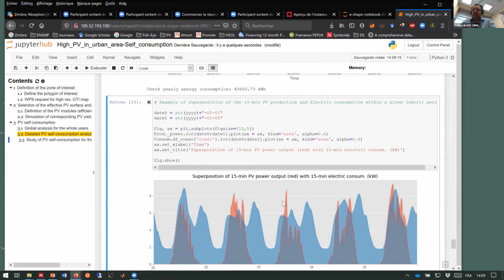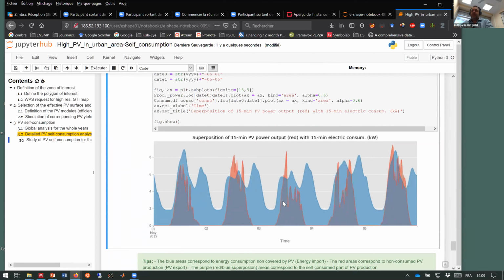Okay, this is an example here. So in blue, you have the energy consumption on a 15-minute basis, and you can see 5 days of electric consumption. It's expressed in kilowatts. And here you have superimposed the PV production, 5 days of PV production of my selected rooftop.